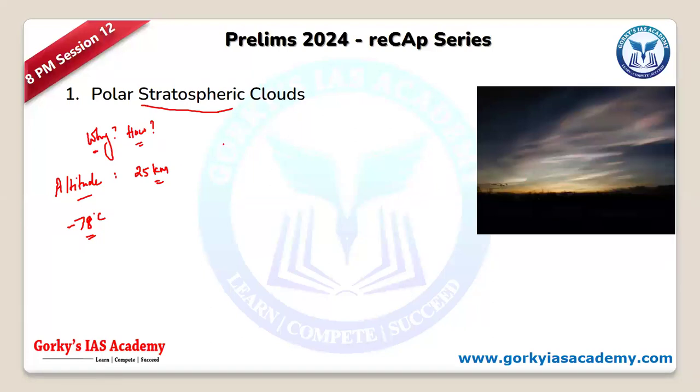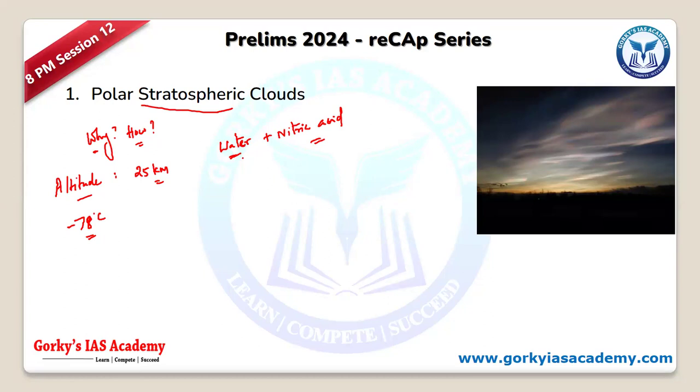You know that when very low temperatures come in, the water available there becomes more icy in nature, and when it combines with nitric acid, these clouds are formed with displays. Okay, so this is the combination that happens.